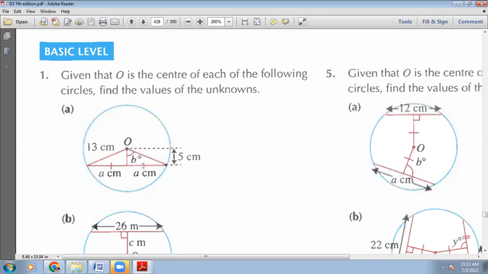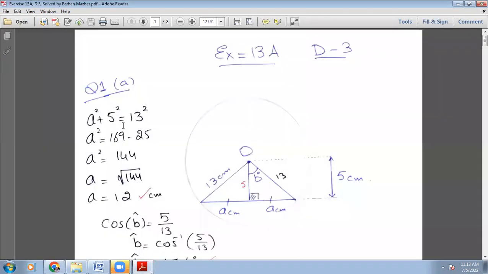We know that this chord has been divided into 2 equal parts, a and a. And the perpendicular distance of the chord from the center is 5. So they want us to find the value of a and the angle b, which is here. This is a radius, this is also a radius. Let me show you how this is done.